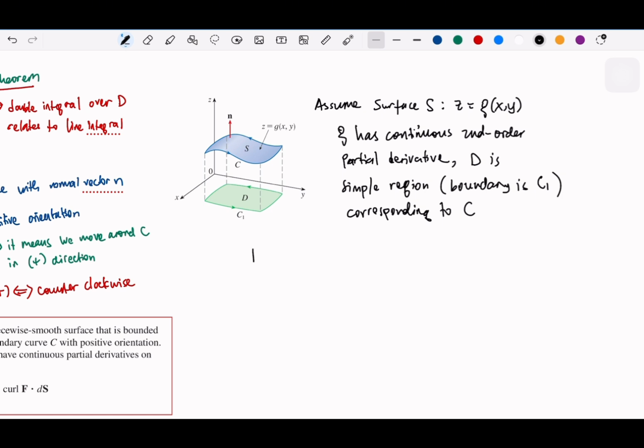And then if we have the vector field F, let me write this like a standard P, Q, R, like we did in the Green theorem.